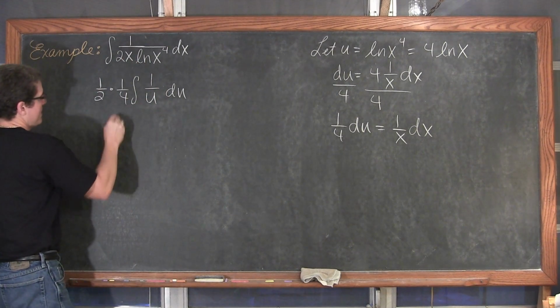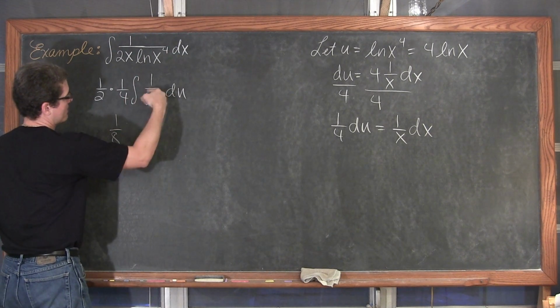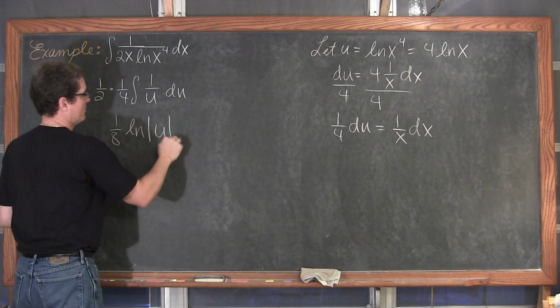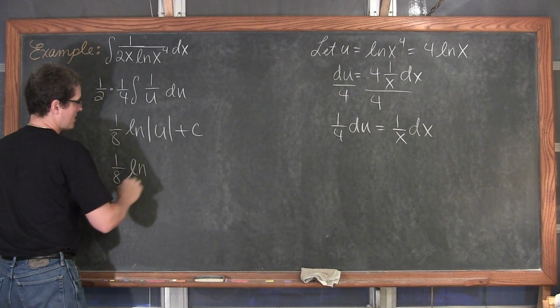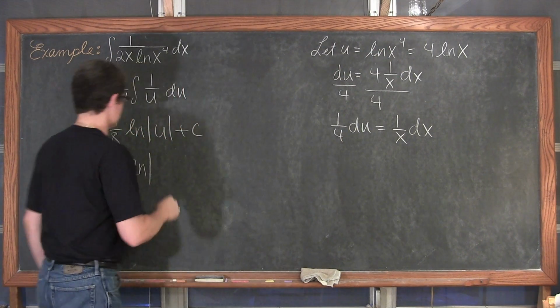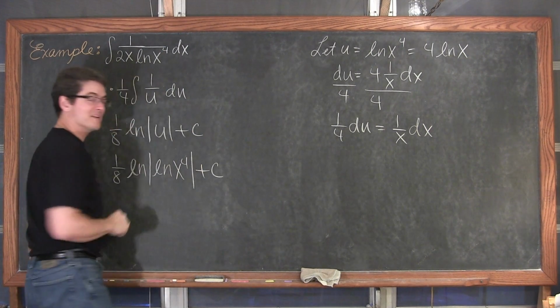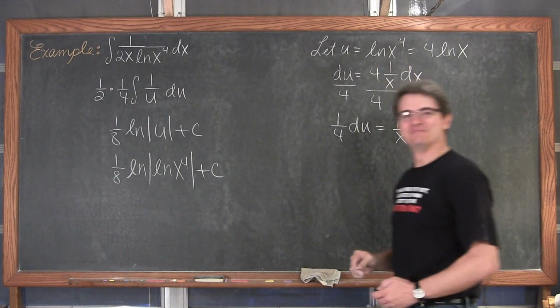And now we have 1/8 times the indefinite integral of 1 over u du is the natural log of the absolute value of u plus c, and that's going to be 1/8 times the natural log of u, which is the natural log of x to the 4th plus c. All right, next example.